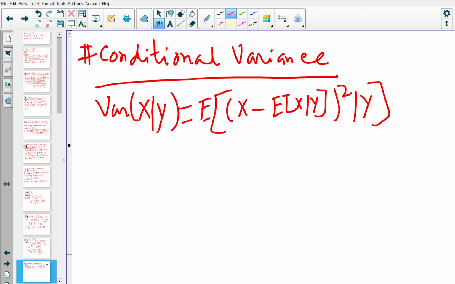Okay, so this is nothing but the conditional expected value of (x minus expectation of x given y) whole square. Okay, clear? So this is the definition.